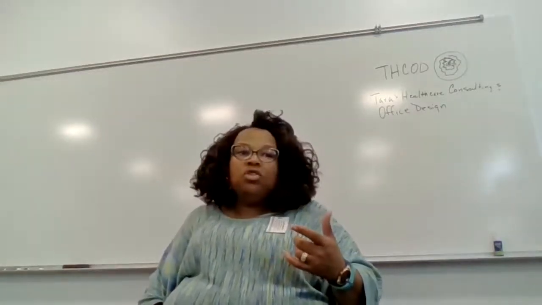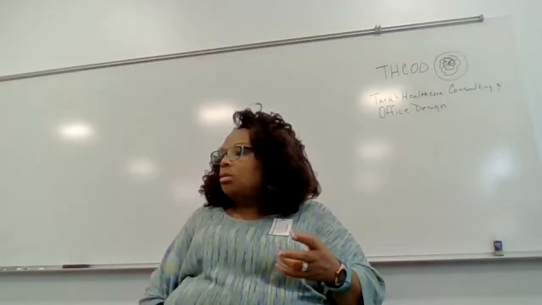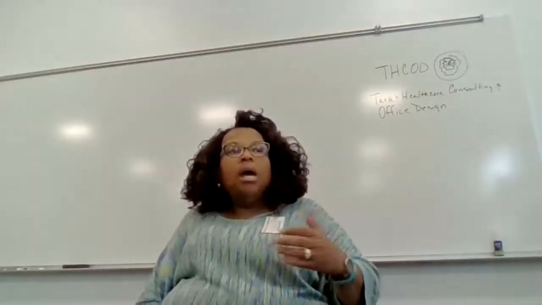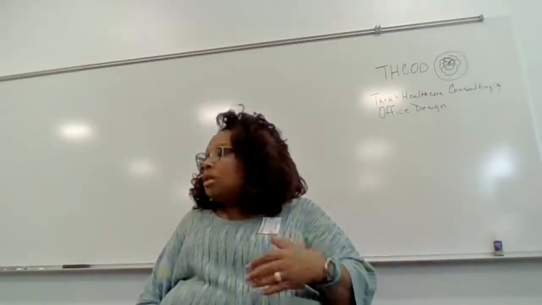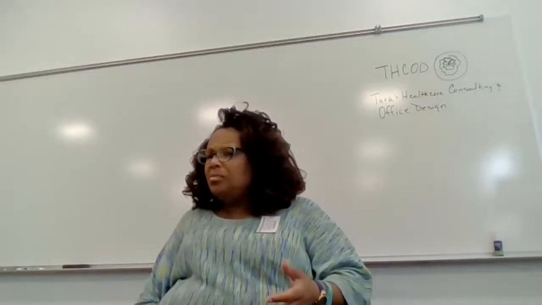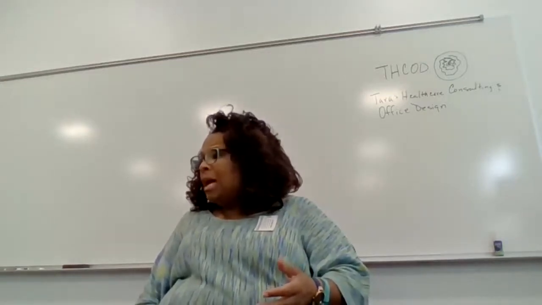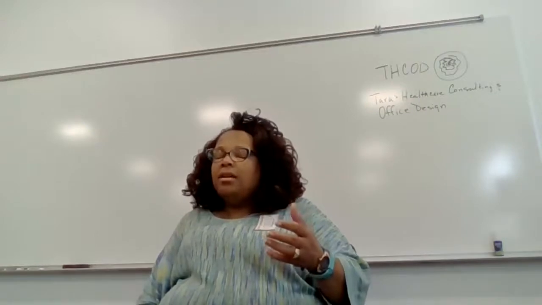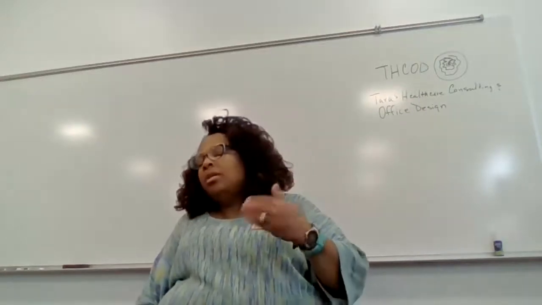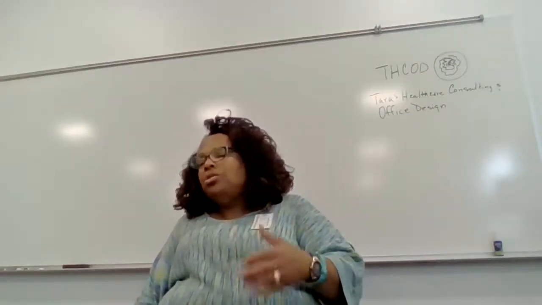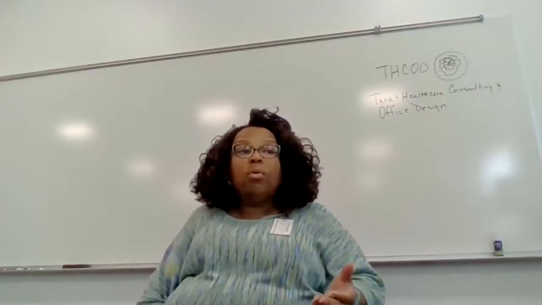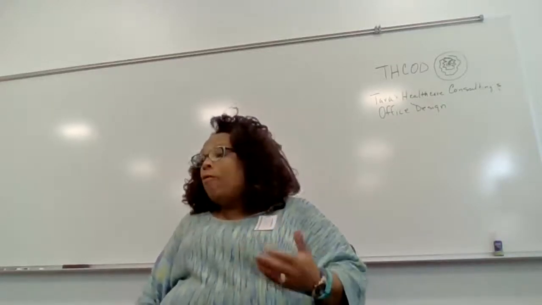Chapter 6 is going to teach you about diagnosis codes and procedure codes. I'm going to bring y'all some ICD and CPT books to use in the class, only for the class. Once you understand how to use that, then you're going to understand how to utilize a CMS 1500 form and how to utilize a UB04 form.